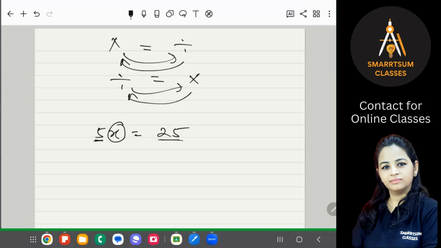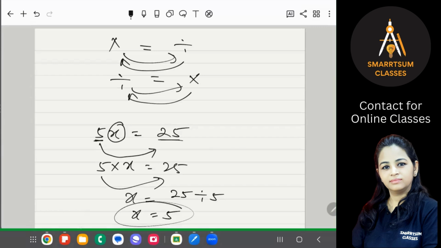So what we do, we collect the similar terms on one side. So x we will keep here, 5 we will take to the other side, right? Now 5 is in multiplication with x. So when you take it to that side, it will go in division. So it will become 25 divided by 5, which is 5. Then solve it and you will get the value. So this method is called transposition.